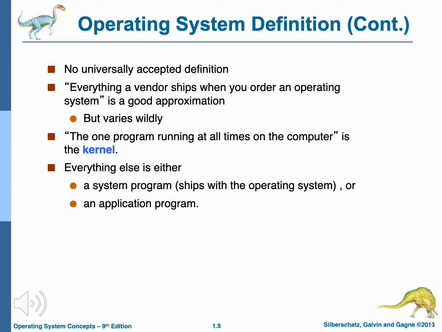For example, each of the two most prominent mobile operating systems, Apple's iOS and Google's Android, features a core kernel along with middleware that supports databases, multimedia, and graphics, to name only a few.